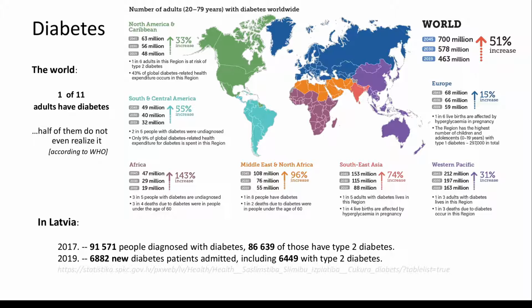One of every 11 adults in the world has diabetes. That's according to the World Health Organization, right? Different countries may have different percentages of diabetes, and also different rates of increase year by year.